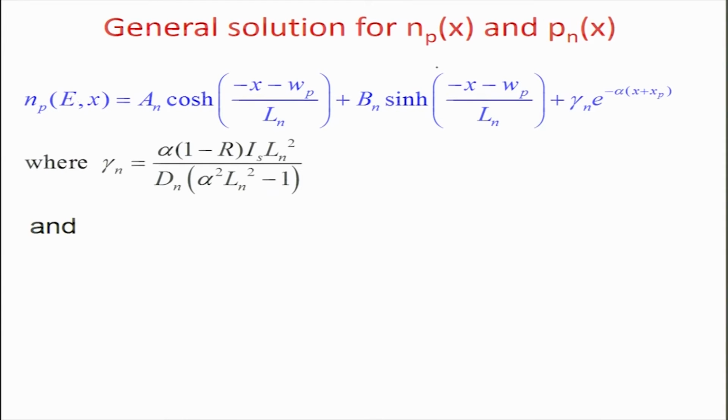So, if you do the solution, the general solution for Np(x) and Pn(x) works out to be like this. Np(x), that is minority carriers on the P side.